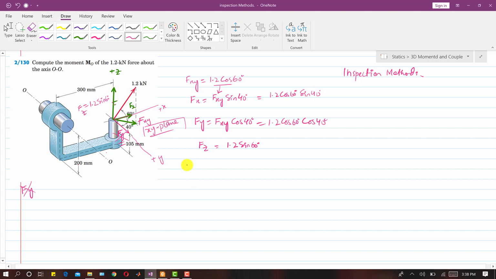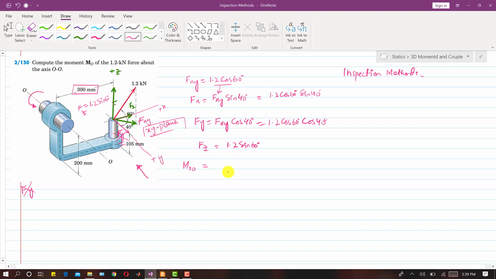So let's suppose I write that the moment about the OO axis is equal to, if we look into this f of z from this direction, this f of z has a perpendicular distance of 300 mm from the OO axis. So this f of z is producing the moment about this OO axis, and that moment will be in this direction, the counterclockwise direction.